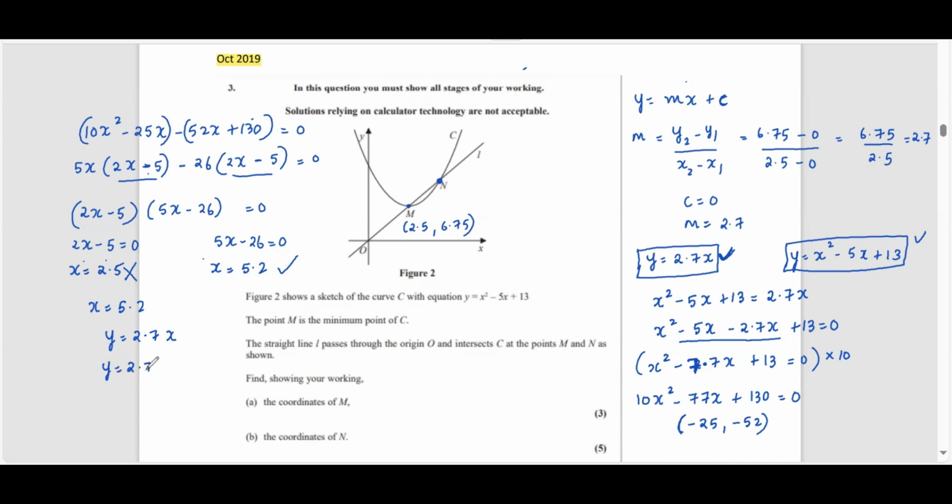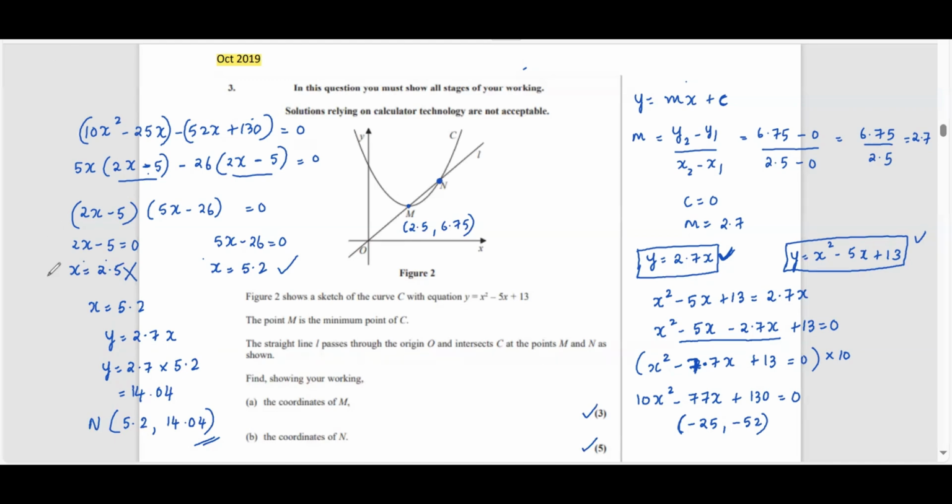So 2.7 into 5.2, when you put that in the calculator, you will get 14.04. This will be your coordinate for N: 5.2, 14.04. So we are done with the B part as well, finding the coordinate of N. So this is 3 plus 5, 8 marks we got.